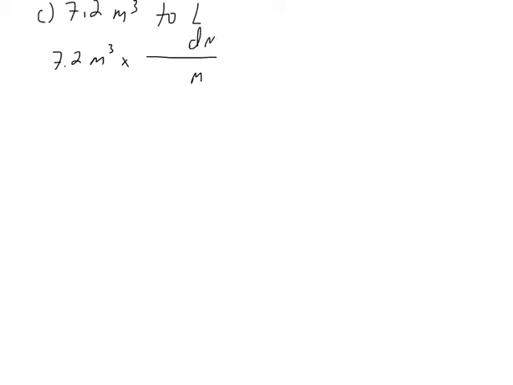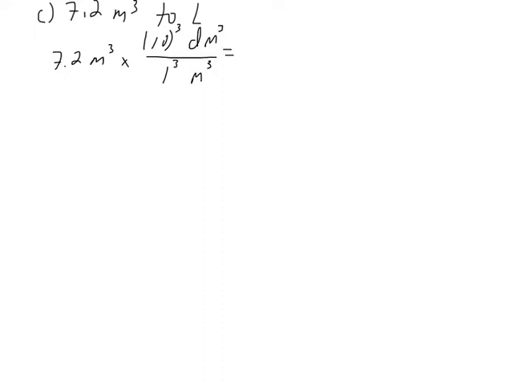I want decimeters in order to get to my liters on top. So in 1 meter, there are 10 decimeters. So in 1 cubic meter, there's 10 cubed decimeters cubed.